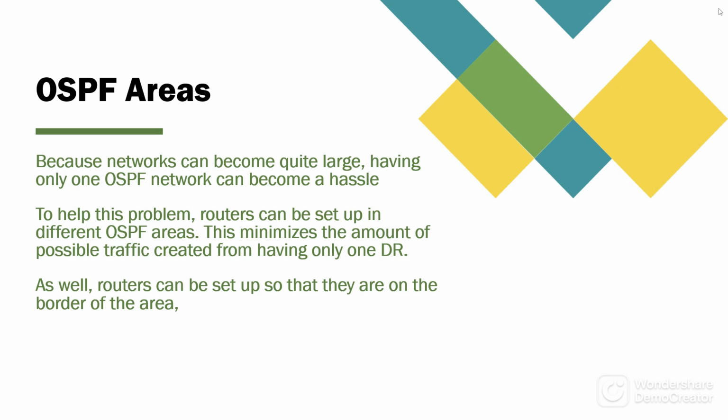As well, since it can be different on each interface, there can be routers set up as border routers. Though simple, this can add another degree of design to the network. These areas can help define different parts of the network, such as the backbone routers being separate from routers connected to subnets.